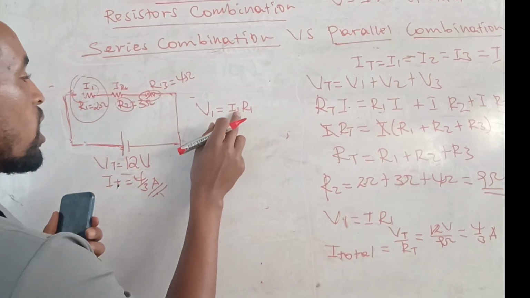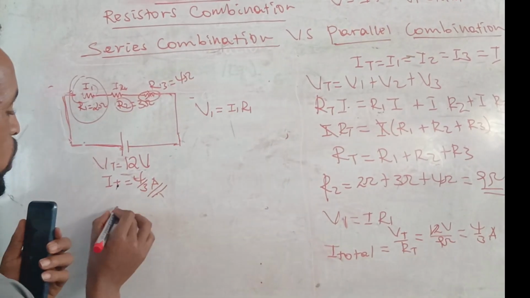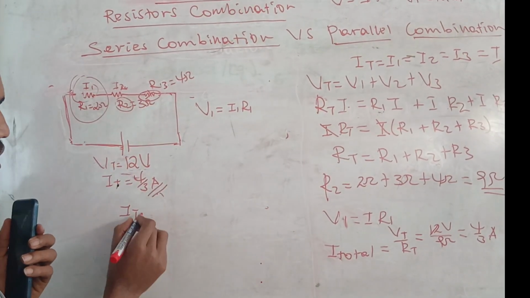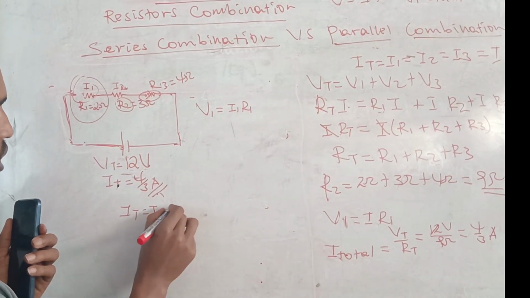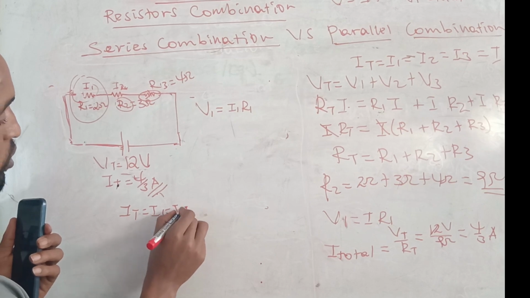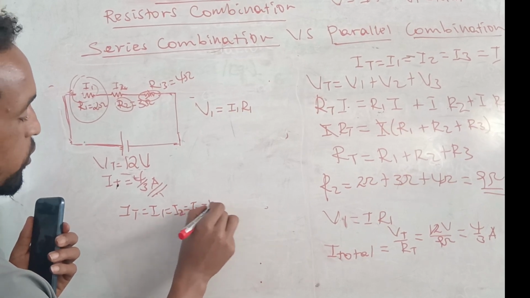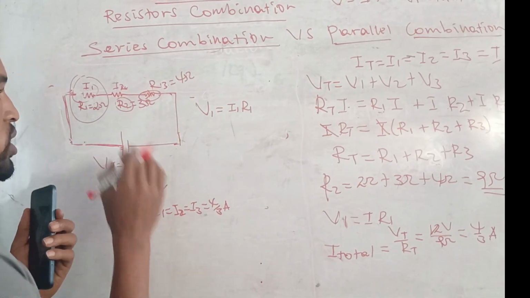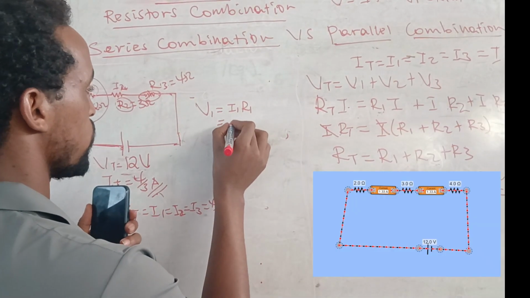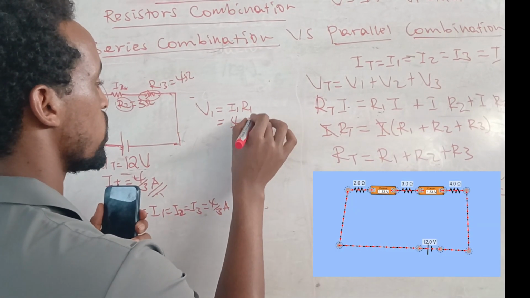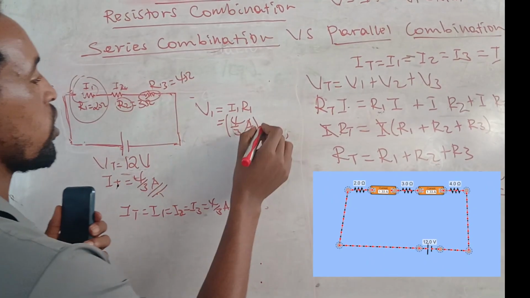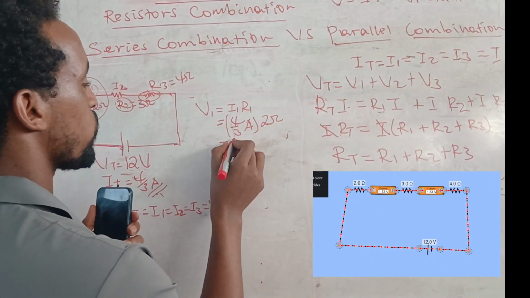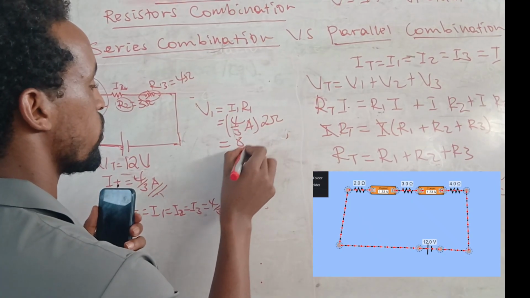We know that I total, the current that comes from the battery, is equal to each individual current I2, I3, which is 4 over 3. The current through every resistor is equal, so we can put 4 over 3 ampere times the resistance. The resistance is 2 ohm, which is equal to 8 over 3 volts.